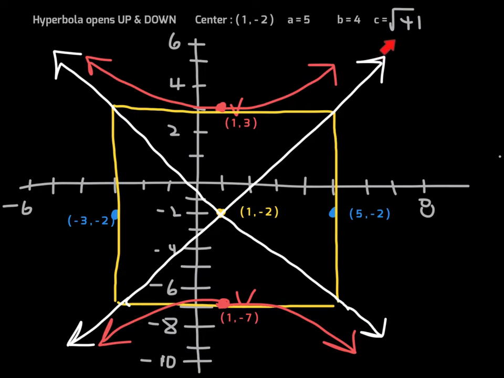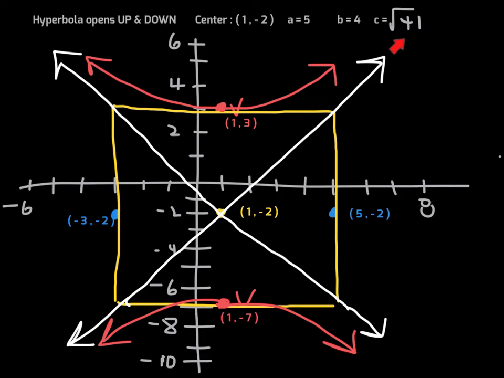Without using my calculator, I know that the square root of 41 is more than the square root of 36, which is 6. And I know it's less than the square root of 49, which is 7. So I know the square root of 41 is between 6 and 7 units.